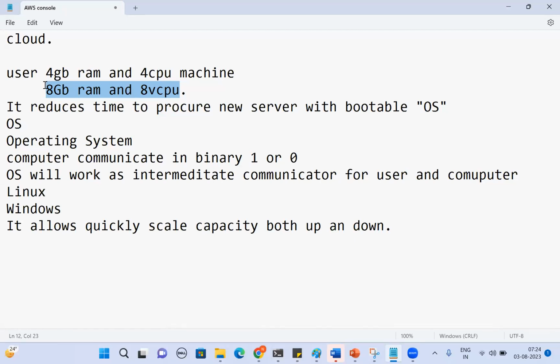In that case, you can roll back to a lower configuration. So it will help you decrease the scale capacity also. That is the feature of using the console of EC2 instances. You can scale up and scale down your requirements for the configuration. This is also one of the features of using EC2 instances.